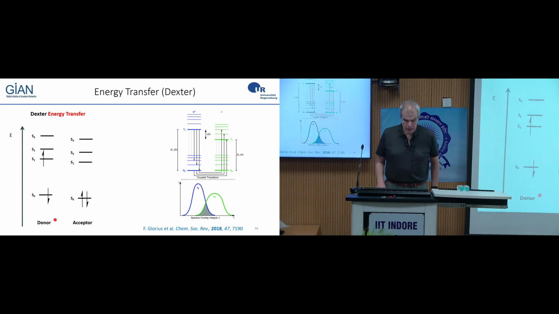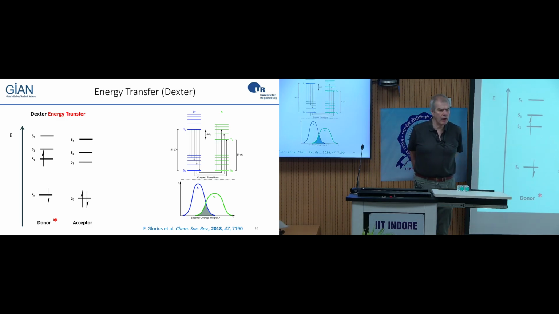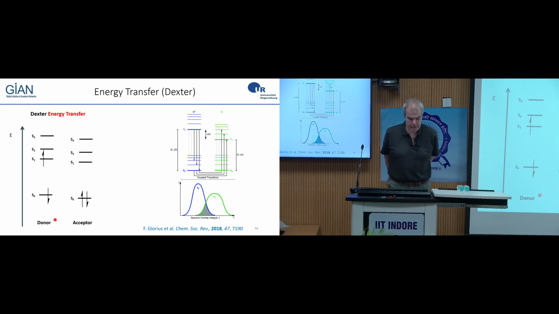The second way you have is the so-called Dexter energy transfer. That probably always is happening in photocatalysis. And this is, again, you have your photocatalyst, your donor, you have it in the excited state, but now if it is doing a collision with the acceptor, what simply happens is that they exchange the spins.